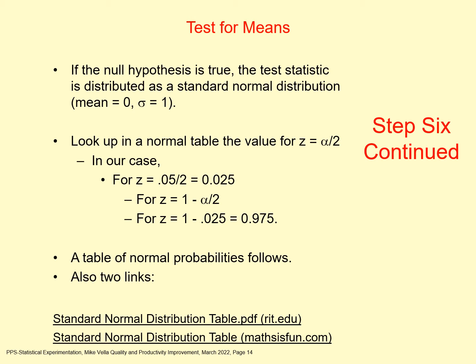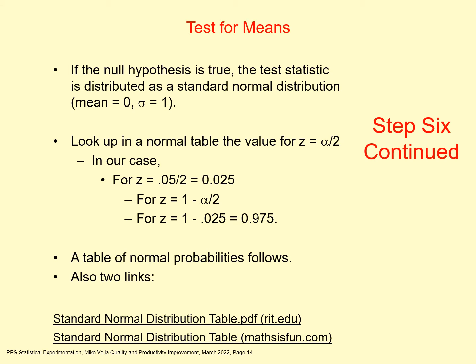So we look up in a normal table, and I'll show you that in a moment, the value for Z equals alpha divided by 2. So we said that we're going to be testing for greater than and less than, so we have to consider both tails of the probability distribution.